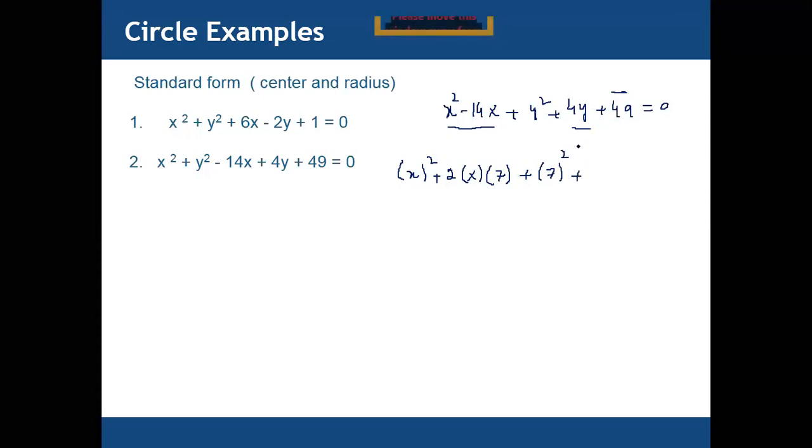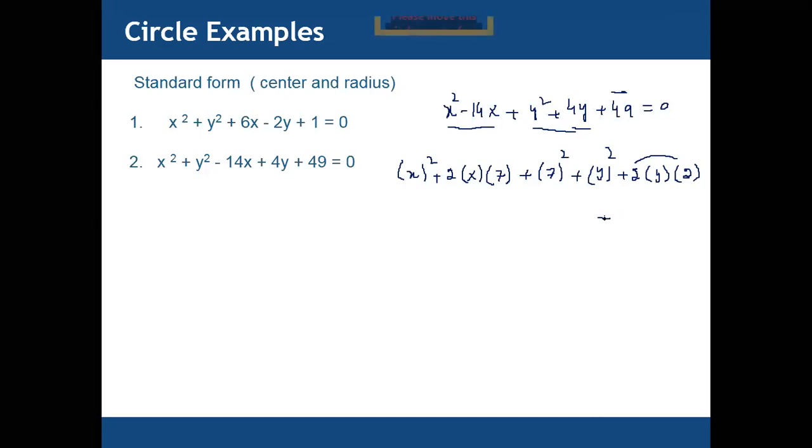Now the second one, we have y square plus 4y. So can we write it as y square plus 2ab, where a is the first number y, what is b? We have 4, so 2 multiplied with any number equal to 4 is 2, 2 multiplied with 2 equals 4.